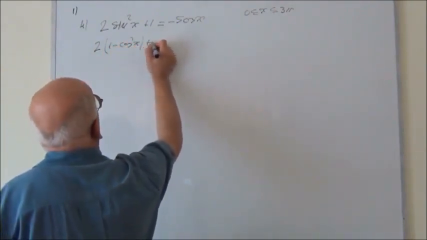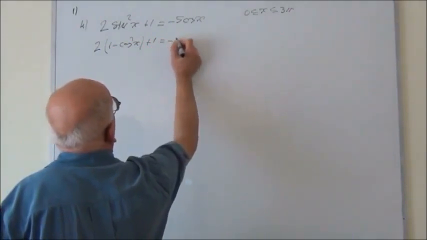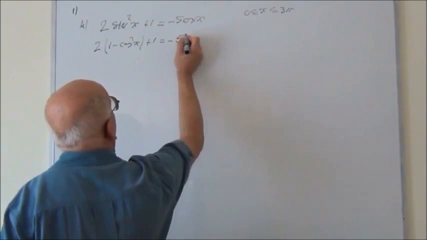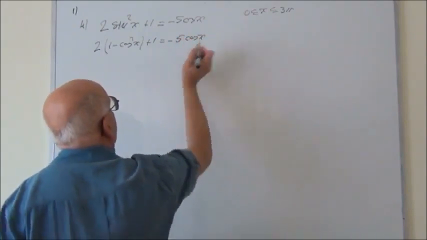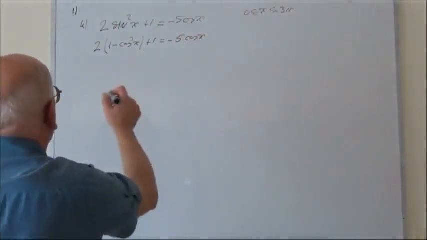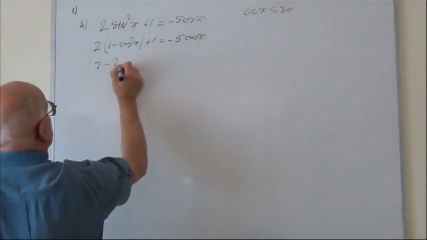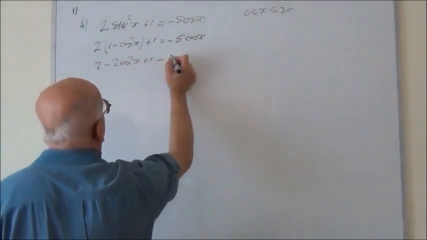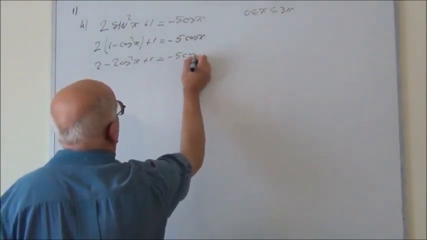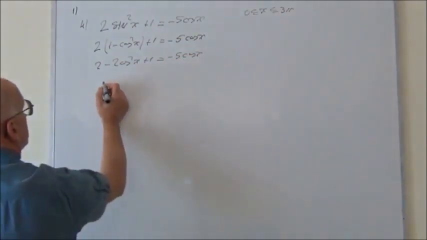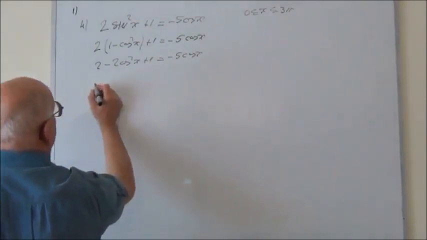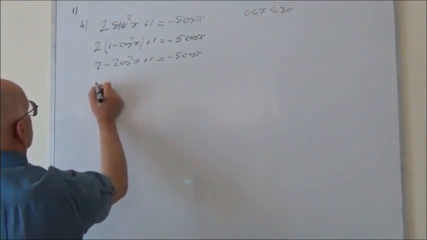x plus 1 equal minus, is this 5? Yeah, minus 5 cos x. Expand: 2 minus 2 cos squared x plus 1 equal minus 5 cos x. Rearrange it, or if you like you can bring this on the other side to make first term positive.